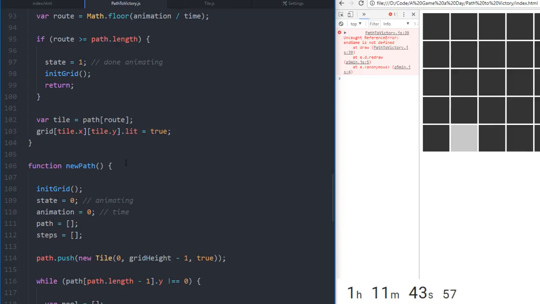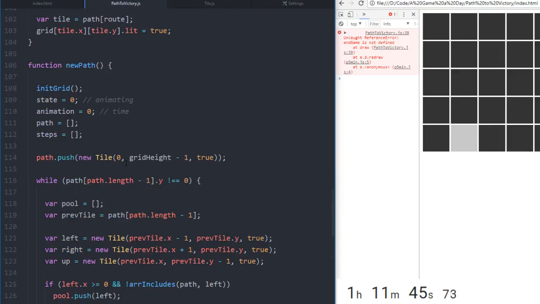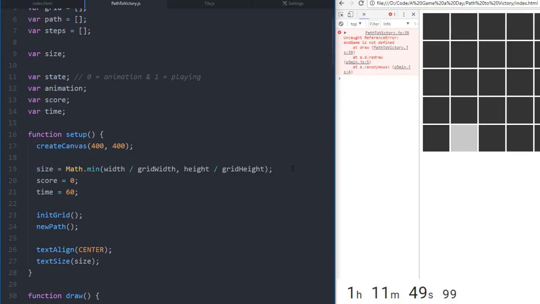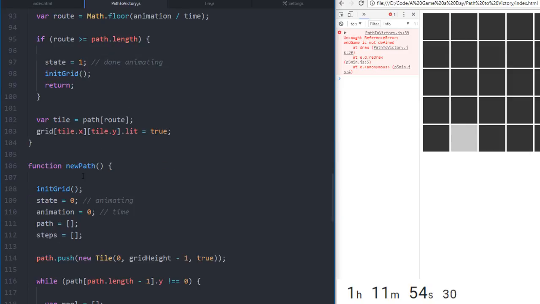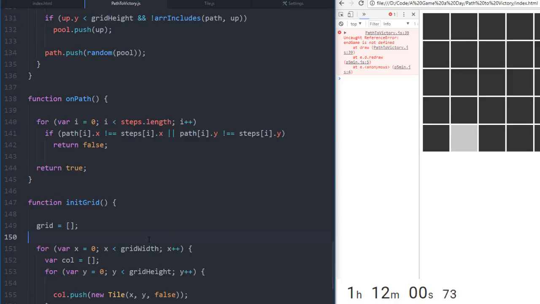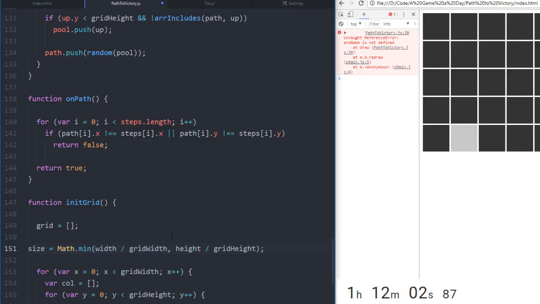Size has to change. So what we do now is we say this. Size, or within init grid, really. Oh, we can just kind of say size equals this. There.